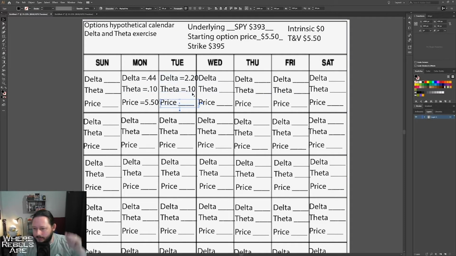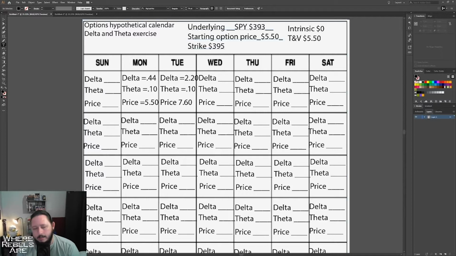It's going to constantly chip away. Time runs out, the clock keeps going, seconds tick away, theta ticks away. Just remember that. So the new price of the option goes from 550 to 770 minus 10 cents, which would be 760.